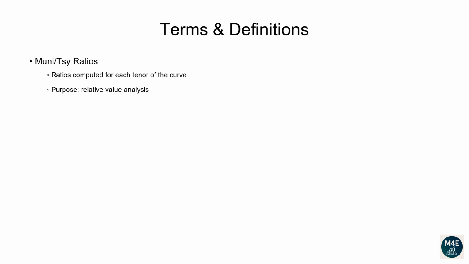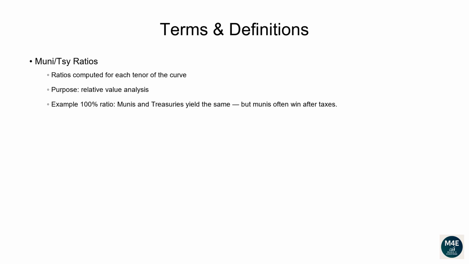They are one way portfolio managers and traders use to measure the relative value between municipal bonds and treasuries. Treasuries are the risk-free benchmark, backed by the US government. Munis are obligations issued mostly by states and cities. Therefore, professionals want to know, am I getting enough extra yield in munis compared to risk-free treasuries?